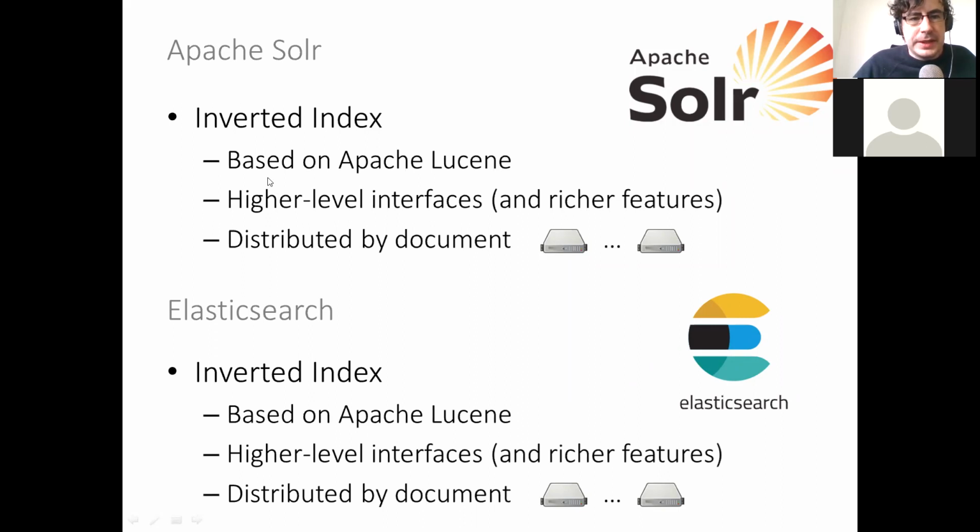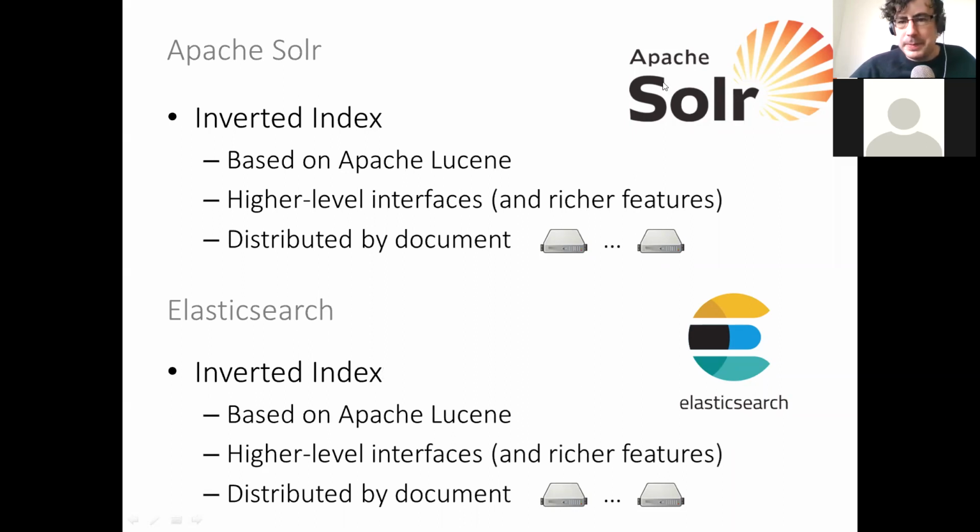Solr started out with the idea of having higher level interfaces, an API, rather than having to programmatically index documents. Later, it added distribution by document, the facility to distribute Lucene indexes across multiple machines, but it's a later feature. It wasn't designed specifically for that.